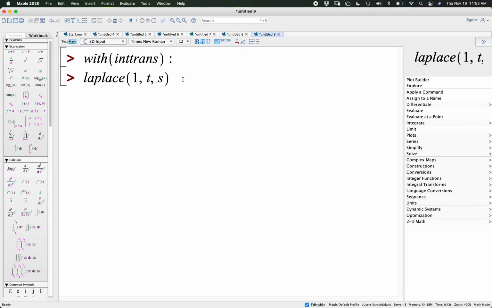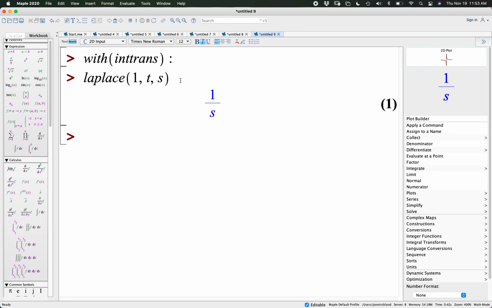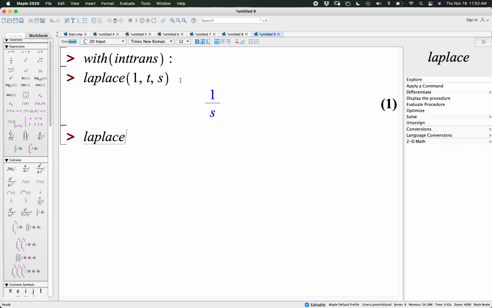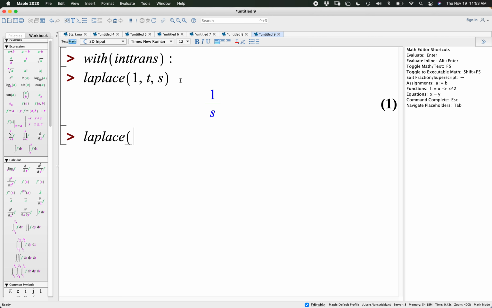So you have Laplace of 1, t, s, and the result here is going to be 1 over s. And say if I have the Laplace of cosine of 3t plus, let's say, e to the 5t.